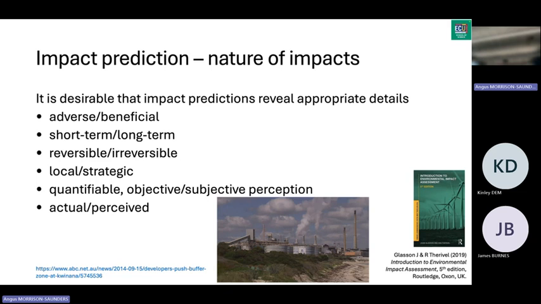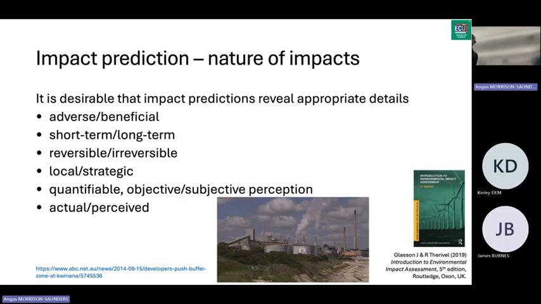A visual impact, aesthetic impact is very subjective. Whereas if you talk about contaminating groundwater with a heavy metal that's toxic to fish or whatever, or humans who might drink that, you're probably going to have a quantitative threshold very objectively determined around what's there or not.